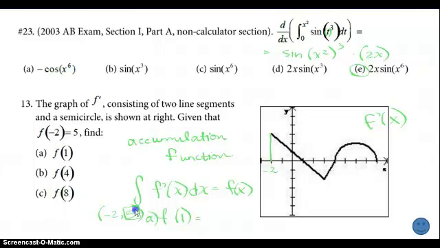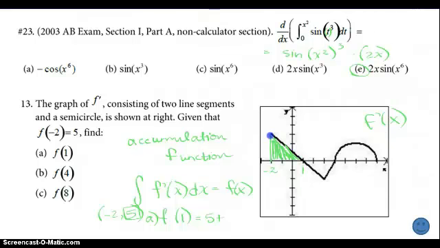Well, I know if I start with a value of 5, that I can accumulate area in the plane starting at my lower limit of negative 2 and stopping at my upper limit of 1. So this may not look like it's fundamental theorem part 2, but it is. It's in a graphical setting. So I'm just going to accumulate that area.